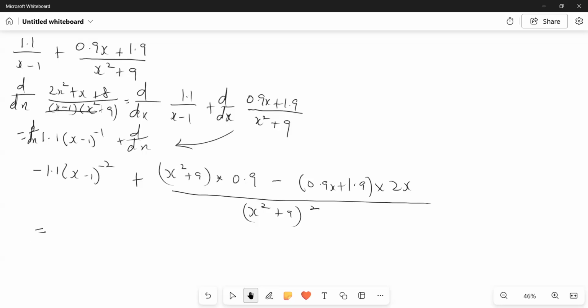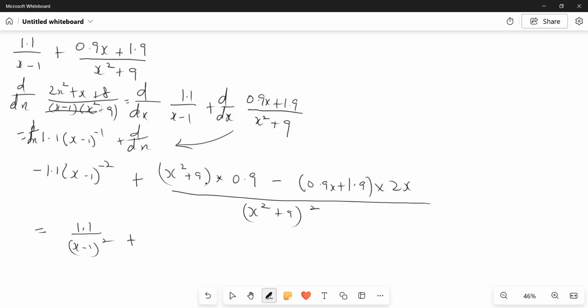And you know, we try to simplify all of that. You'll get what? This will become 1.1 over x minus 1 squared. One thing with textbook writing, you know, when the people who wrote the textbook, they have some nice numbers, right? When you try to do anything on your own, you end up with a whole set of decimals. All right.